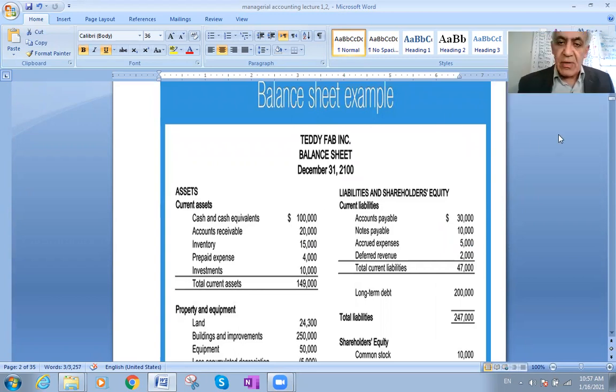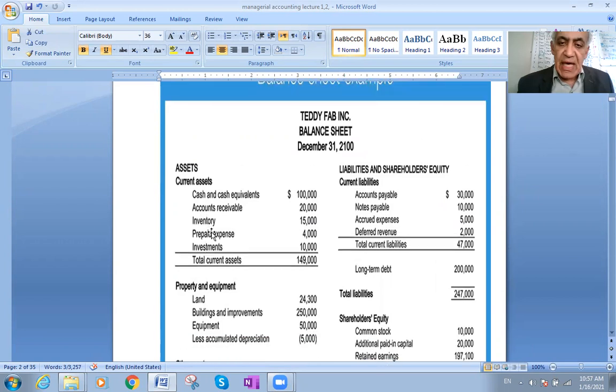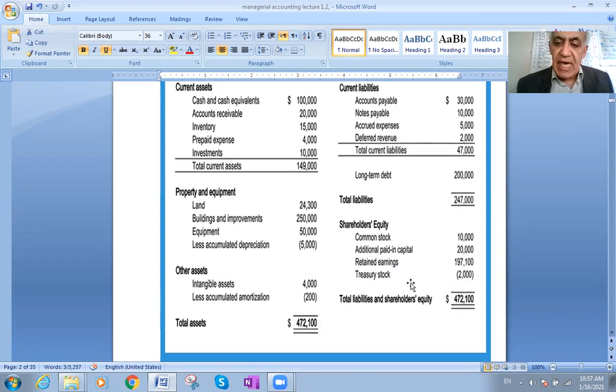Here, what you own on the left side is the assets, and what you have to pay on your right-hand side is the liabilities. At the end of the period, which in the balance sheet is one business year, both sides must be equal to each other.